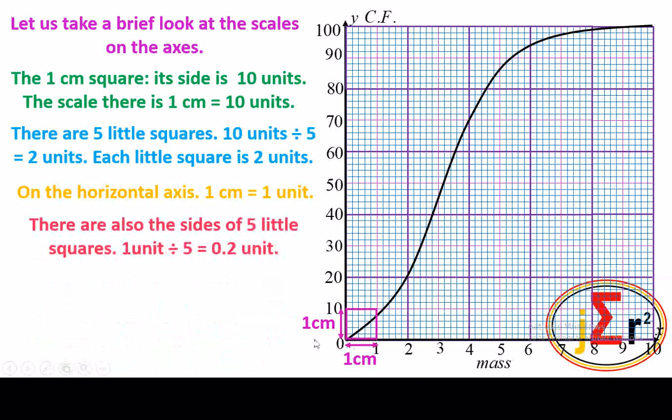There are also the sides of 5 little squares. 5 little squares are present in this 1 unit. 1, 2, 3, 4, 5 little squares are there. Therefore, each little square is 1 divided by 5, which is equal to 0.2 unit. Each of these little squares is 0.2 unit.